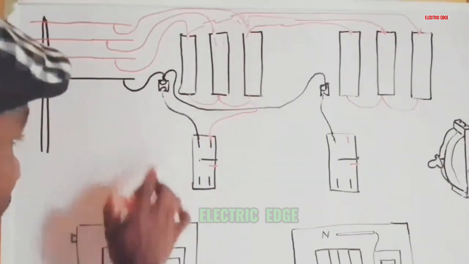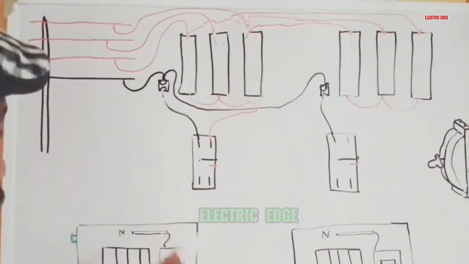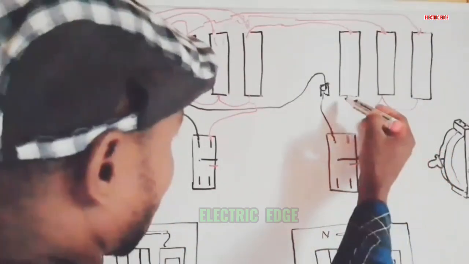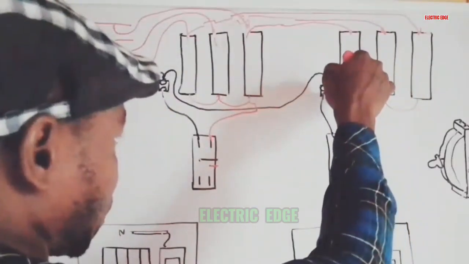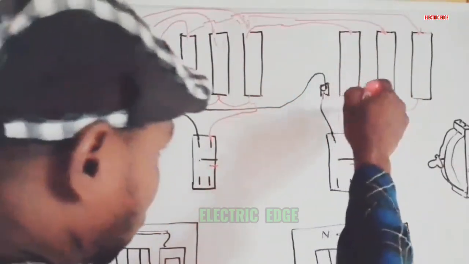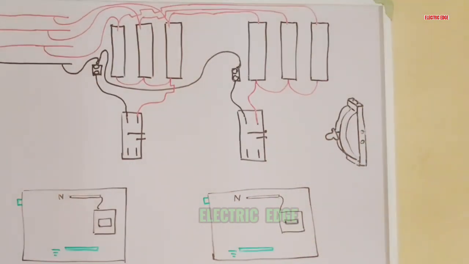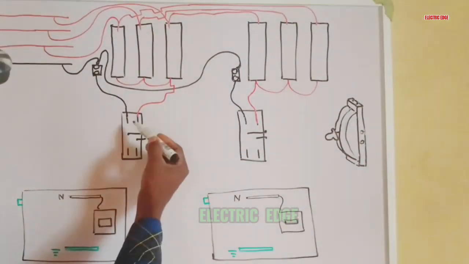Remember, this is the supply, and under it will be the supply for the generator, right? So here we'll do the same thing. We can take from here to supply to this changeover. From here, it will be connected to that point. So now we're going to connect our load. This is our load.